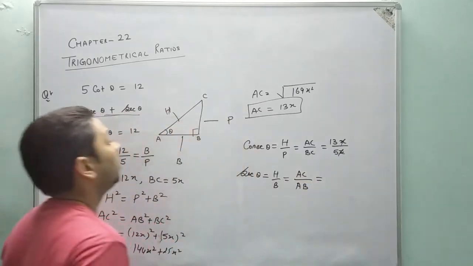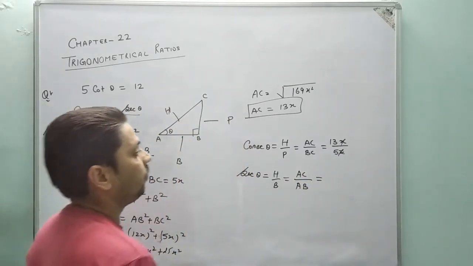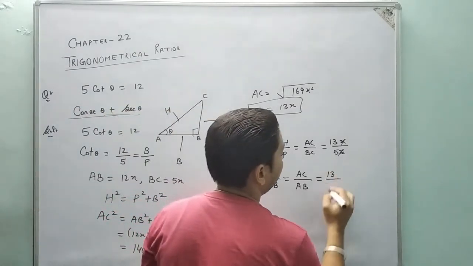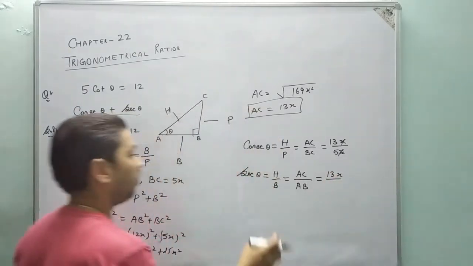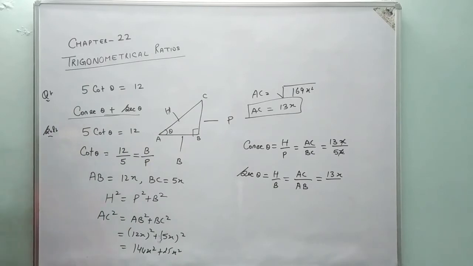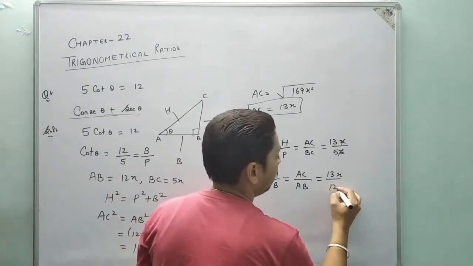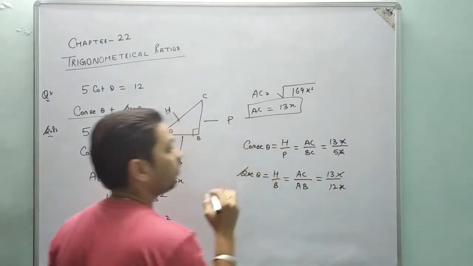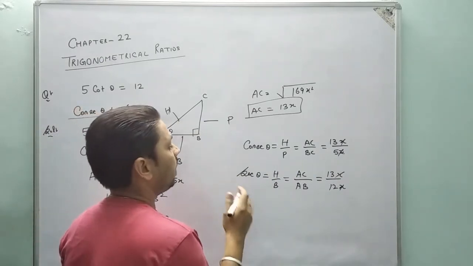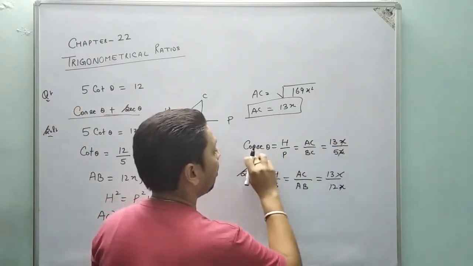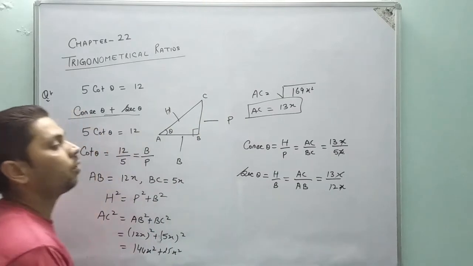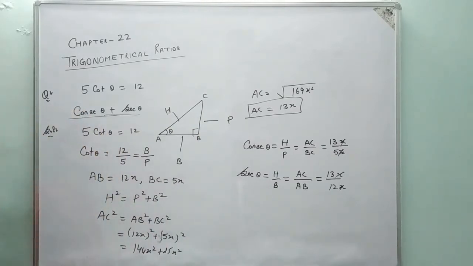Substituting the values, it will give you 13x upon 12x. Cancelling x, we have the values: cosecant of theta is 13 upon 5 and secant of theta is 13 upon 12.